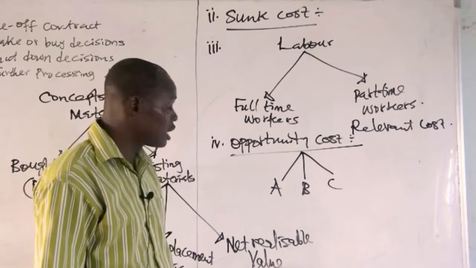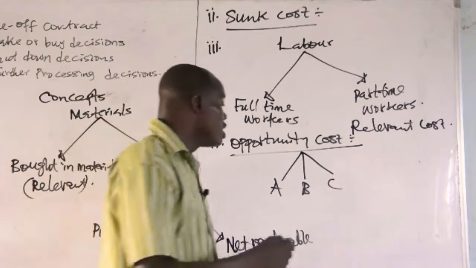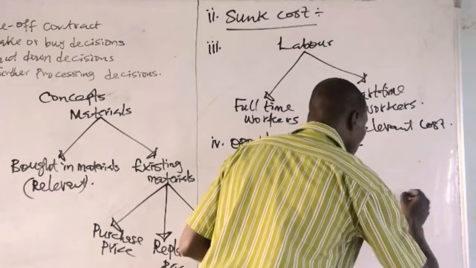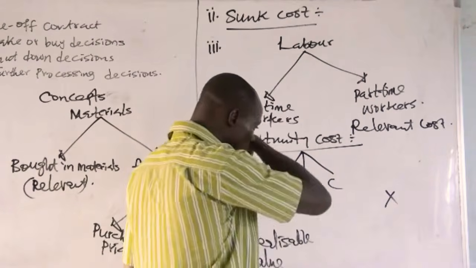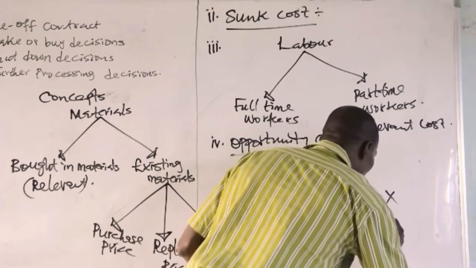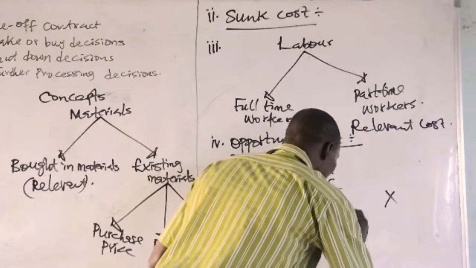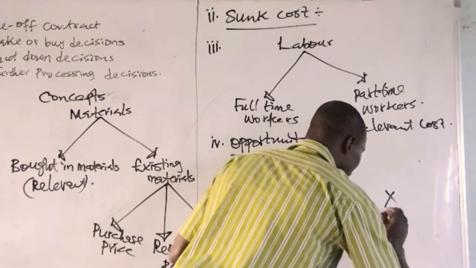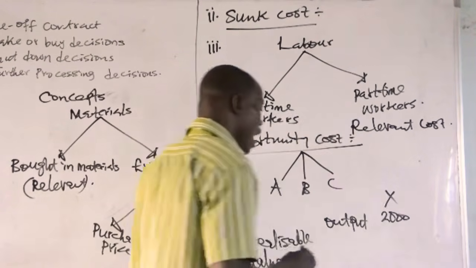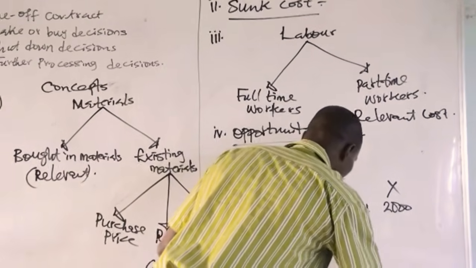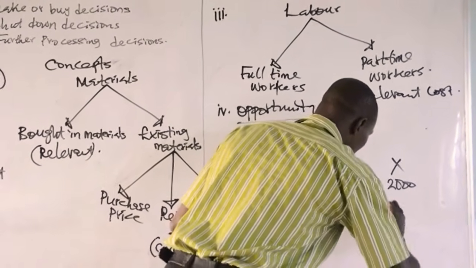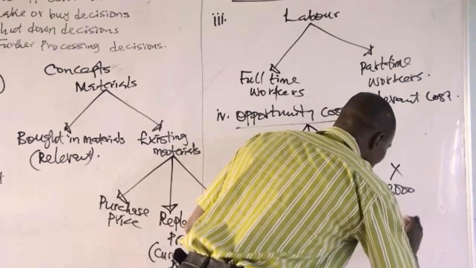Opportunity cost is the alternative forgone. Maybe you have been engaging in manufacturing of product X, and this product X used to produce 2,000 units and fetch you a contribution of $5 per unit.